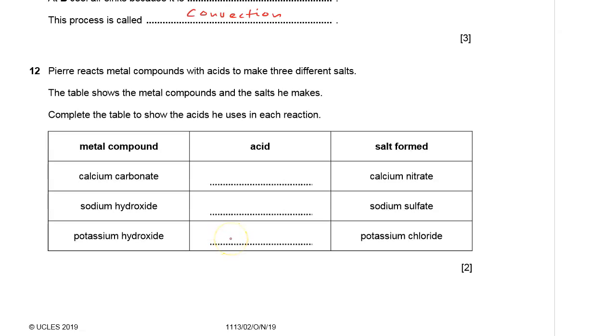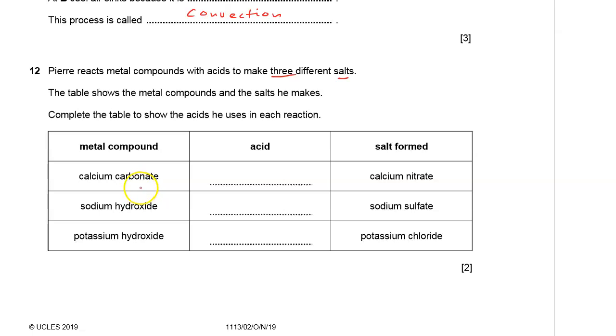Question 12. Pierre reacts metal compounds with acids to make three different salts. The table shows the metal compounds and the salts he makes. Complete the table to show the acids he uses in each reaction.